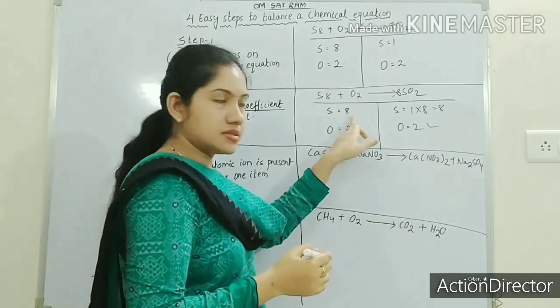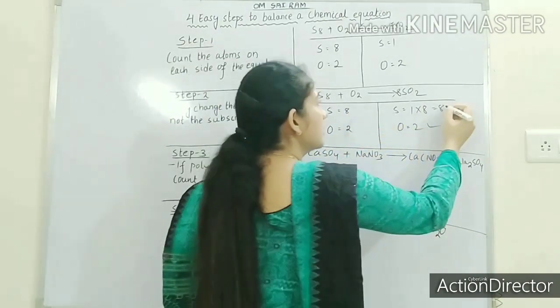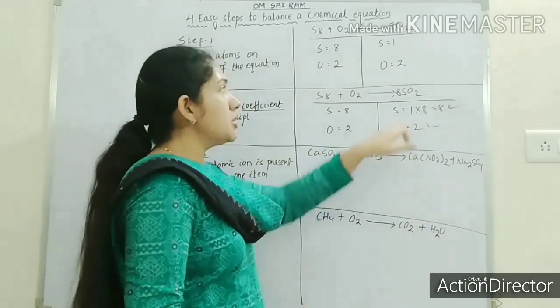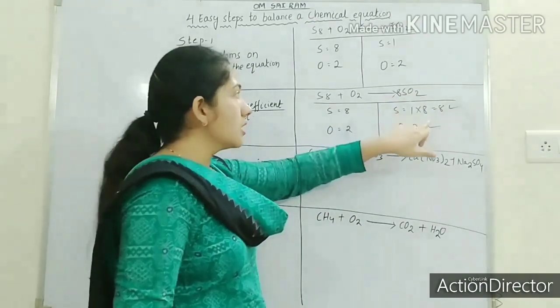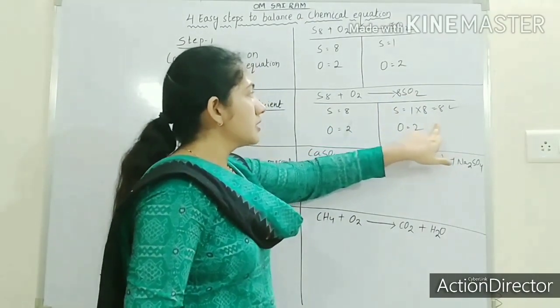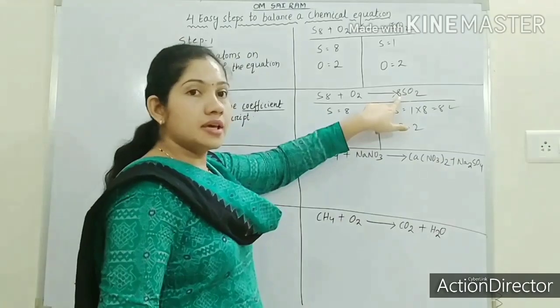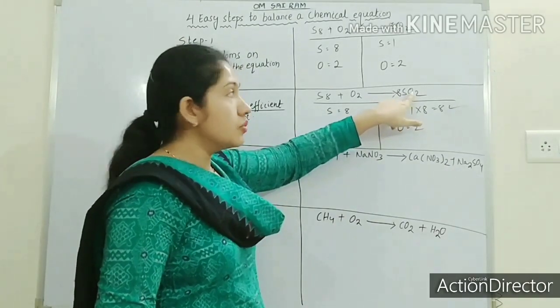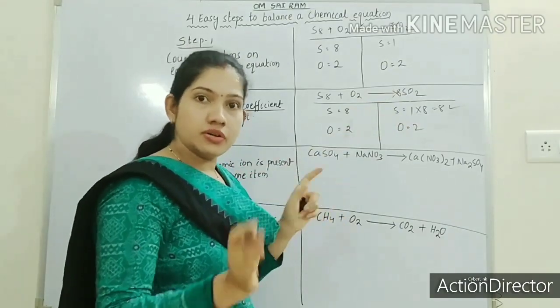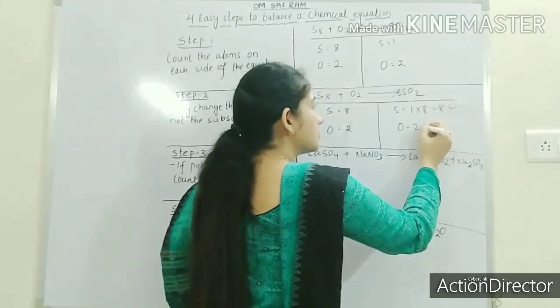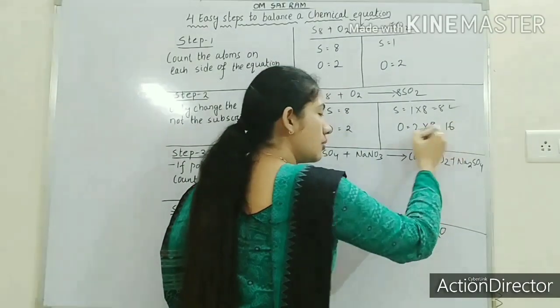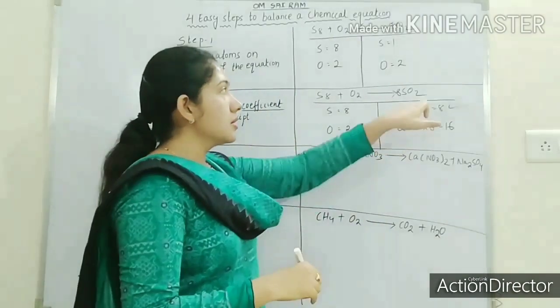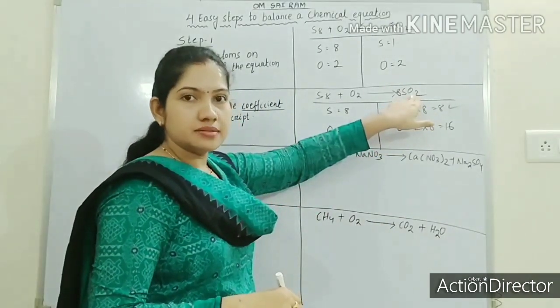Sulfur 8 on this side and sulfur 8 on this side. But what about this oxygen? When I add 8 here, this oxygen will also be multiplied by 8. Already we have discussed. So how many atoms of oxygen now? 16 on this side.